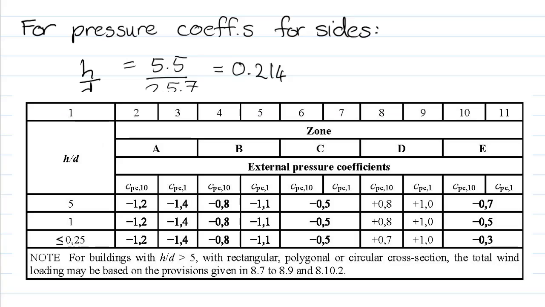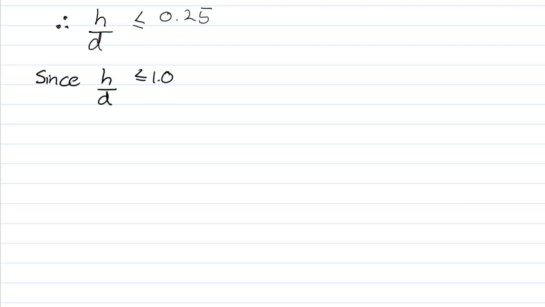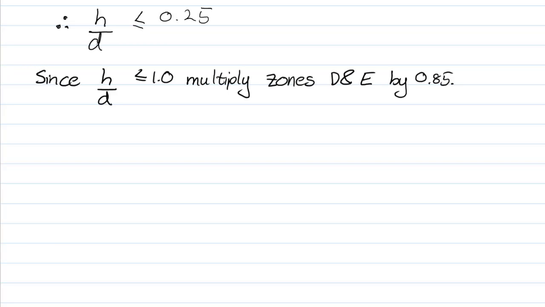See, now that we know our h over d is less than 0.25, we know which line of the code to take our CPE values from, and then now we just need to see, do we need to multiply our windward and leeward walls by 0.85 for lack of correlation? So yes, we do need to multiply our zones D and E by 0.85 since h over d is less than 1.